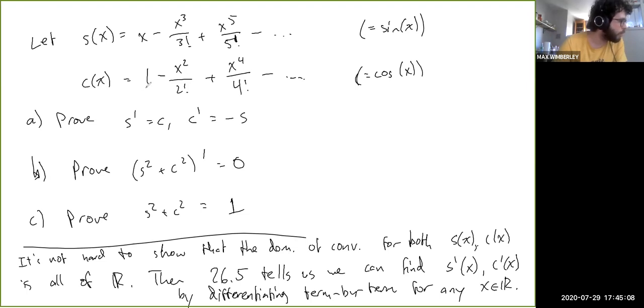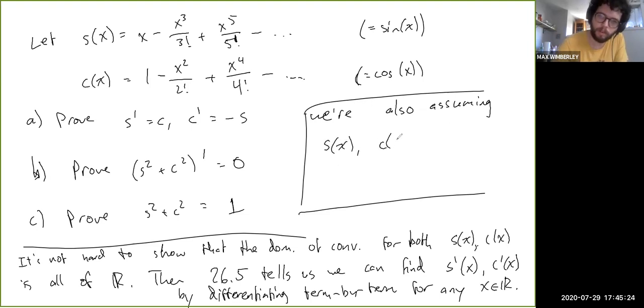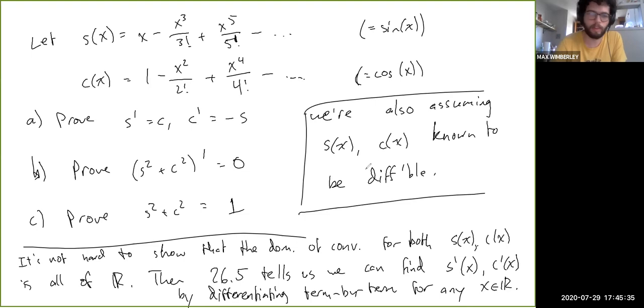Well, I guess we're also assuming that s of x and c of x are known to be differentiable, which is one of the hypotheses of 26.5.